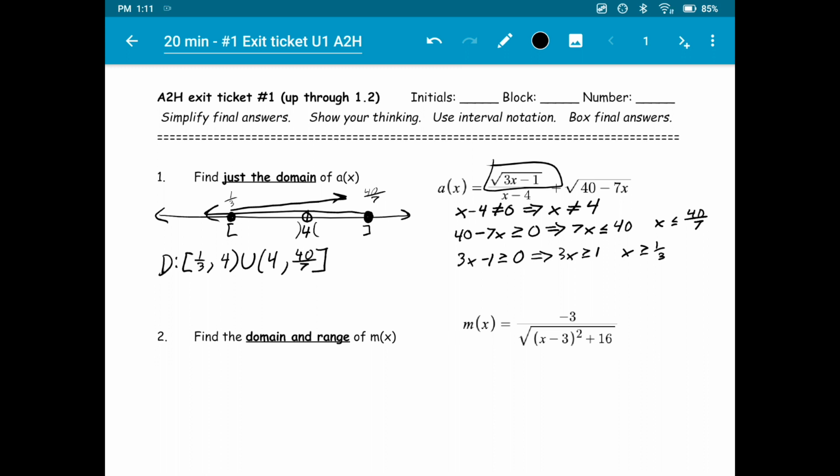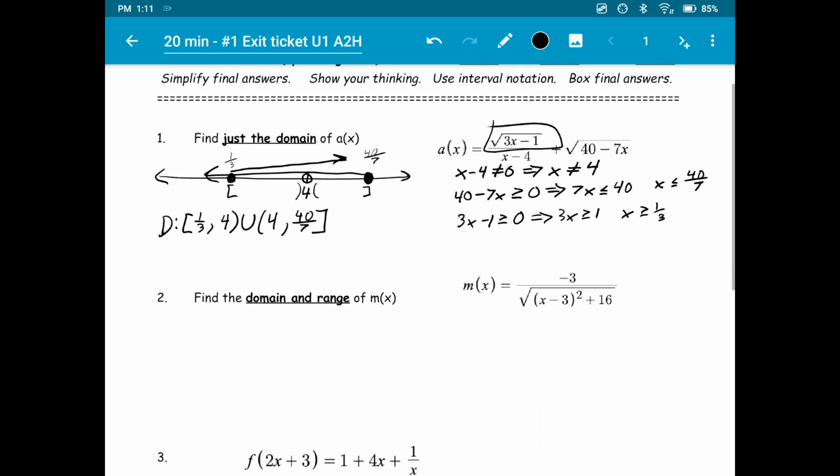For the second question, it's asking me to find both the domain and range. To find the domain, we follow a similar path, and I see that there is a square root. The thing inside of the square root has to be greater than or equal to 0, but x minus 3 squared is greater than or equal to 0, so plus 16 means that the inside of the square root is in fact at least 16.